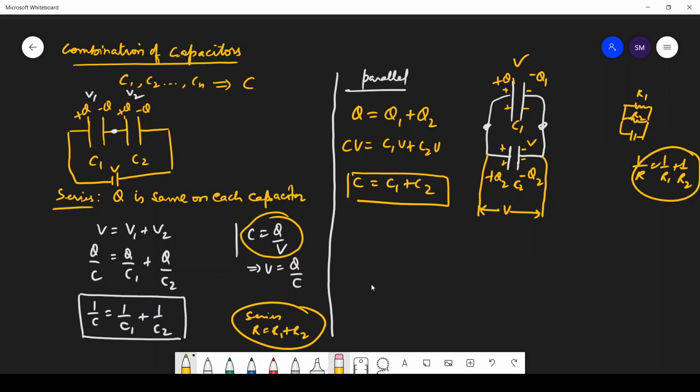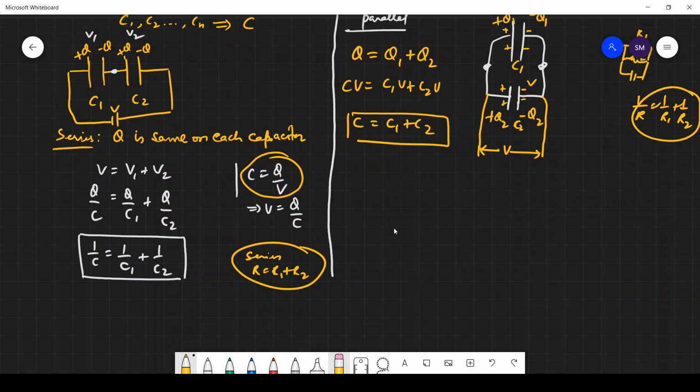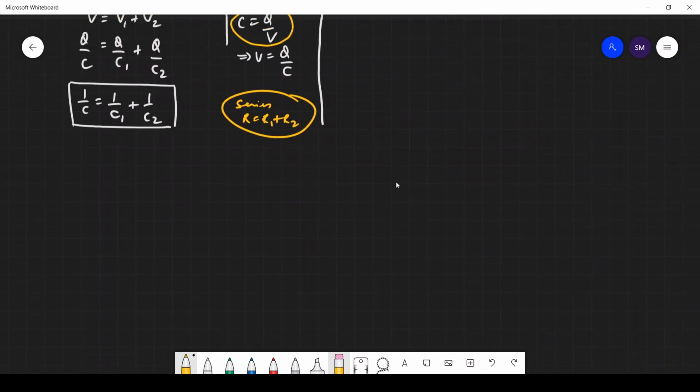Now let us do one example based on this concept. Example 2.9. We have a network of four 10 microfarad capacitors.